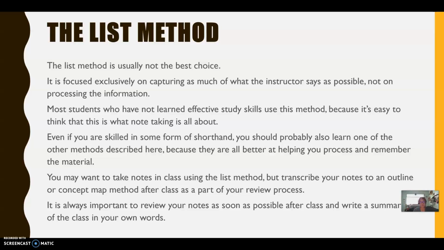You should do it as quickly after class as possible, remember, because you will immediately start to forget the material that's been presented. So if you're going to use the list method, it is recommended that right after class or soon after class, you transcribe your notes into a different format, and do that as your review. And that will help you to process the information.